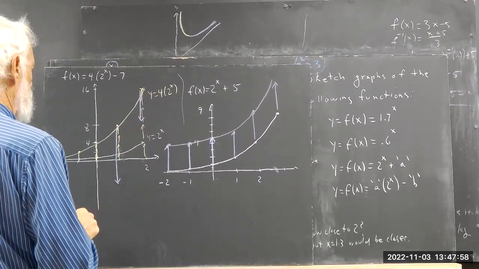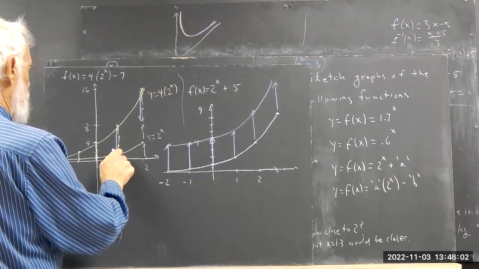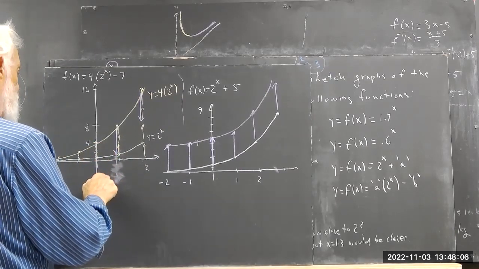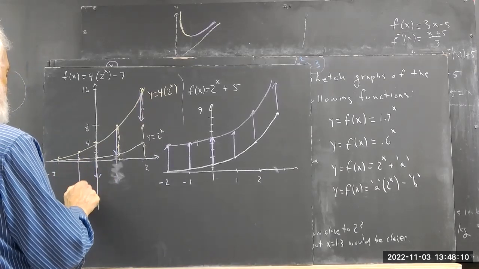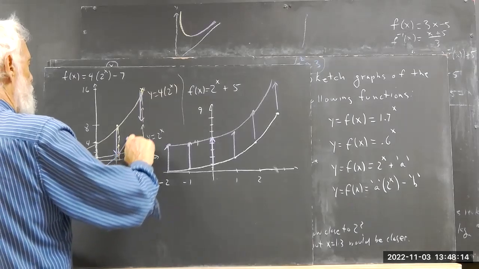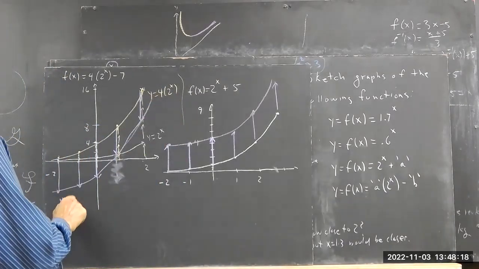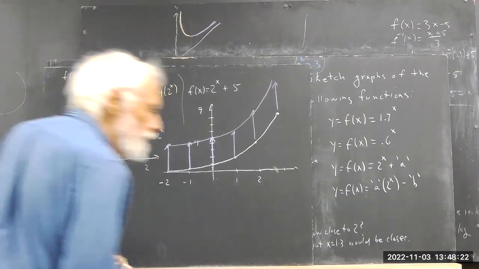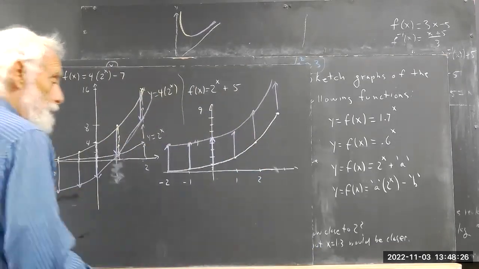Down 7 units. Wait a minute. 7 units there. Okay, then come down 7 units. This one. And down 7 units. And down 7 units. And there's my y equals 4 times 2 to the x minus 7.